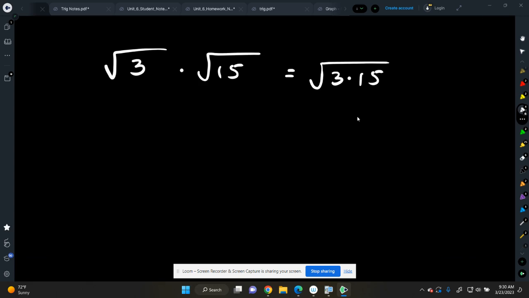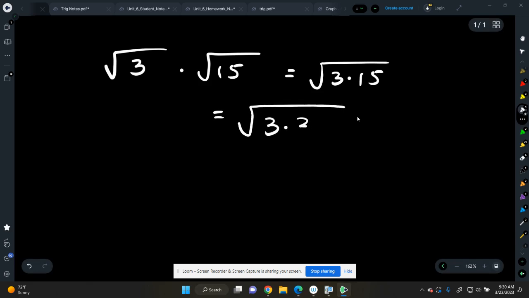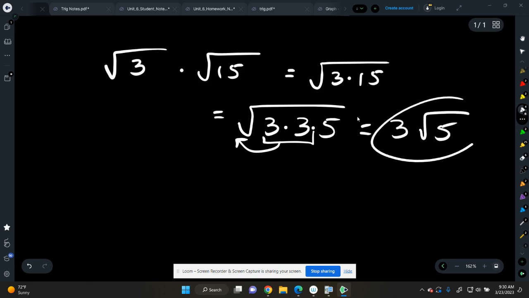So this is the square root of 3 times 3 times 5. Then we can take our 3's out, and we get 3 root 5. So that was multiplication.